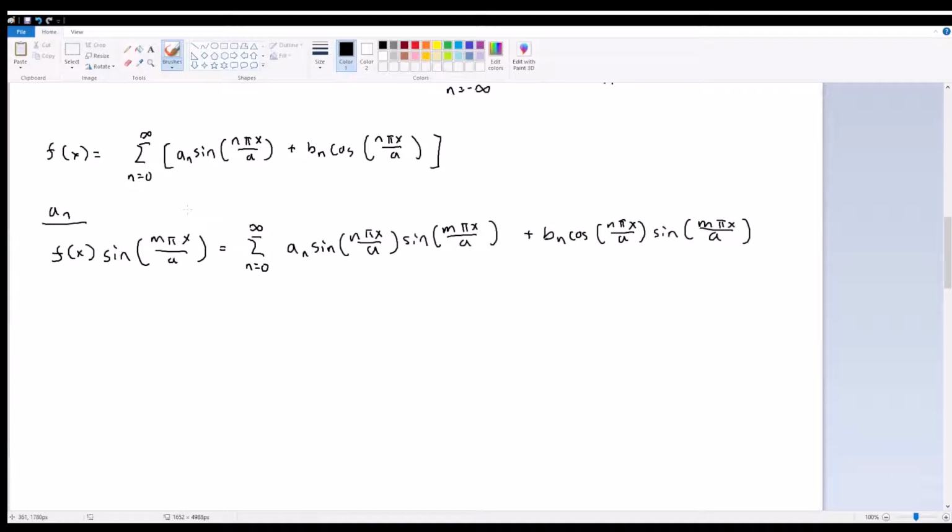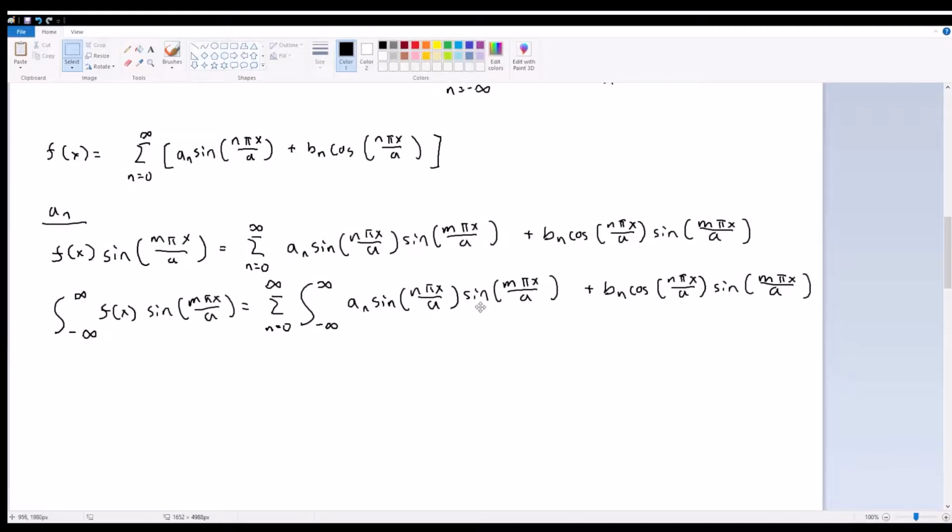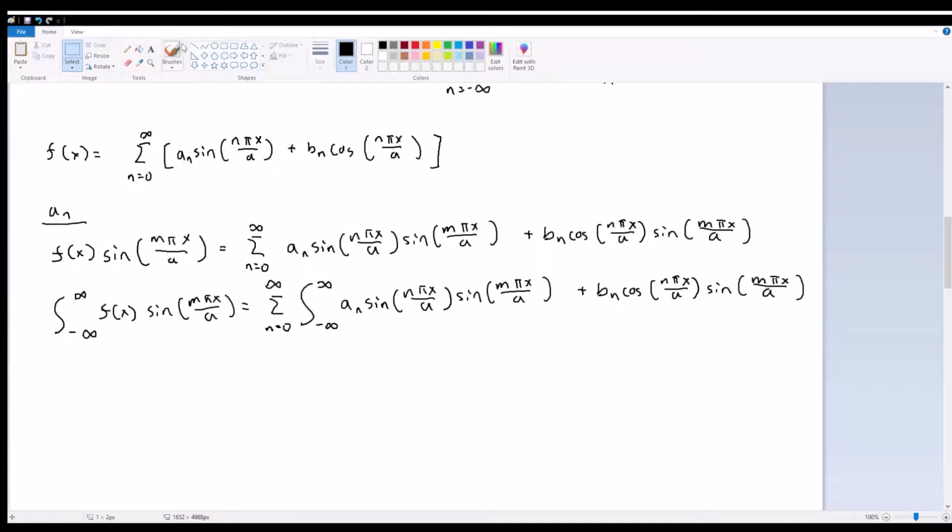And then we can take an integral from negative infinity to positive infinity of both sides. So the integral from negative infinity to positive infinity of f of x times sine of m pi x over a is going to equal our summation n equals 0 to infinity, and then the integral from negative infinity to positive infinity of everything over here. We just close this with a dx.